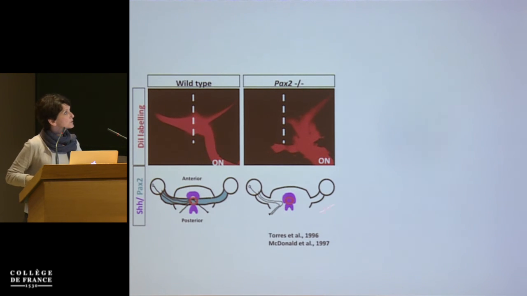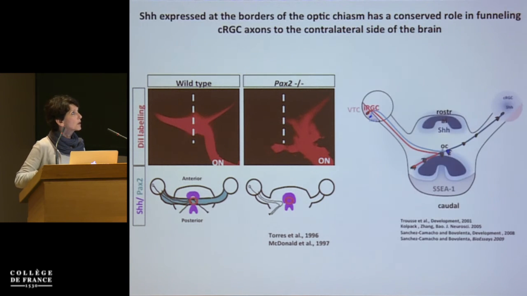We exploited this observation to provide the first evidence that indeed sonic hedgehog was able to control the growth of retinal ganglion cell axon.